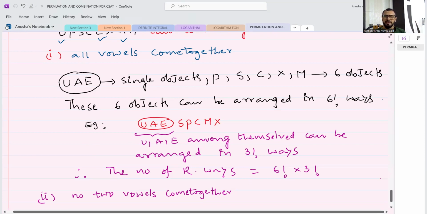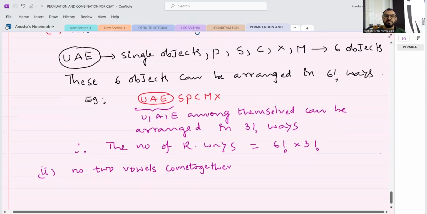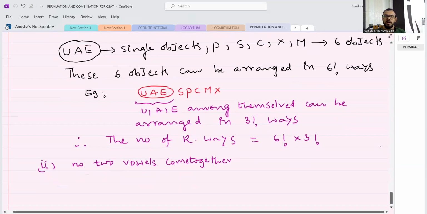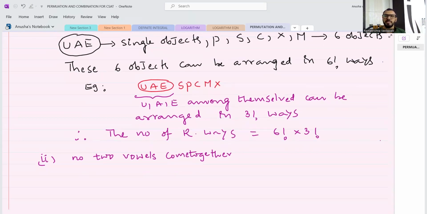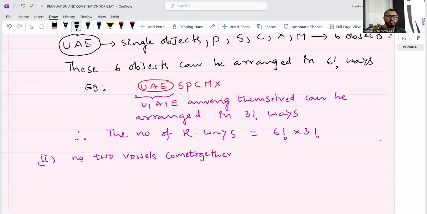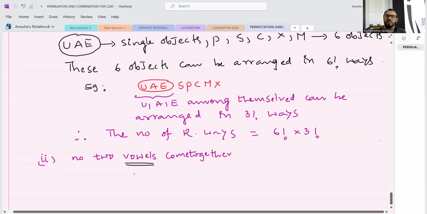It means all three vowels must be separated, or you can say that there must be at least one consonant between every pair of vowels. Now here, no two vowels come together means all the vowels must be separated.